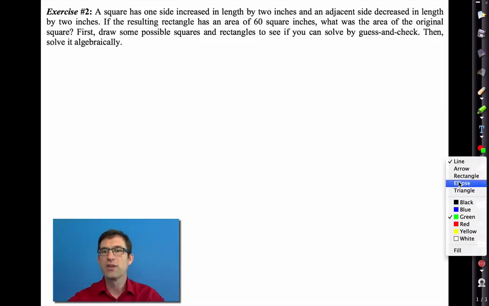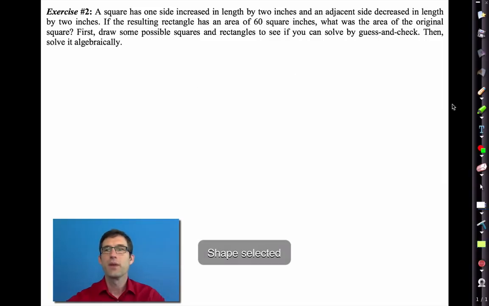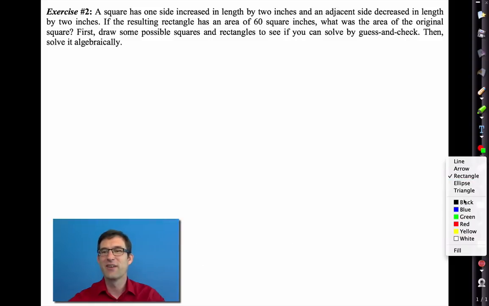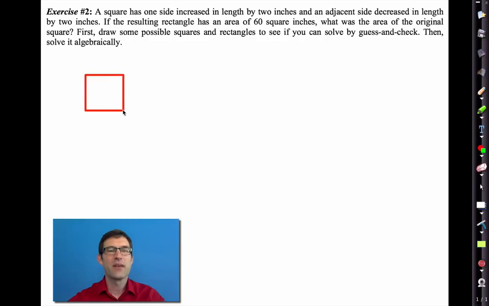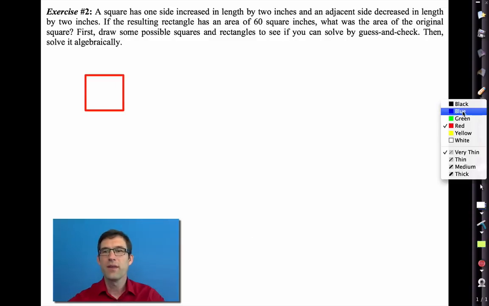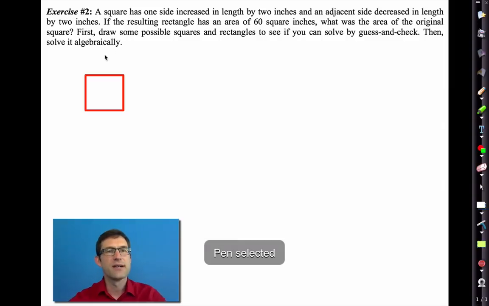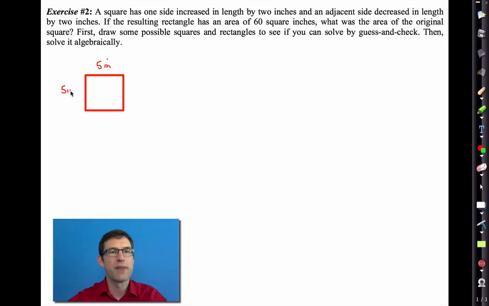I'm going to change myself into a rectangle here, maybe go into red, and let's draw a square. See, that's not a square. That's just a line. Let's try that again. Let's try a rectangle in red. All right, so let's say that we have this square, and let's say we start with a square that's 5 inches by 5 inches. Now, what do they tell me?